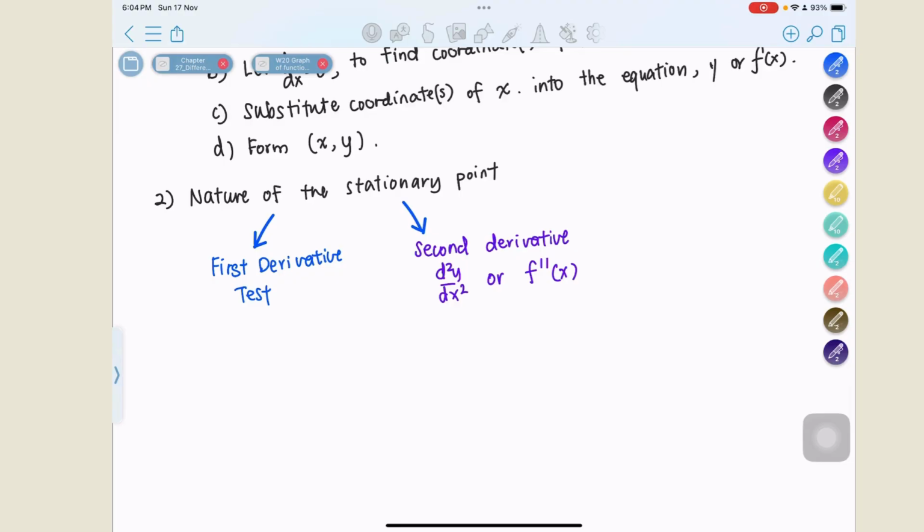Now when we find our second derivative, if d2y over dx squared is more than 0, that is the condition for the nature of the stationary point. If it is more than 0, that means we have a positive value. That gives us a minimum point or minimum value.